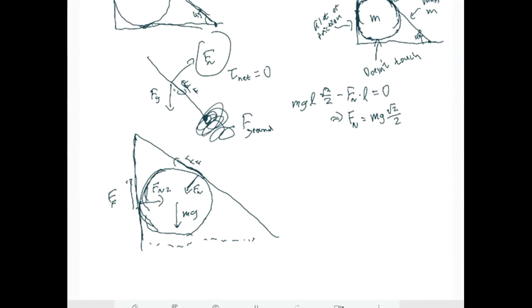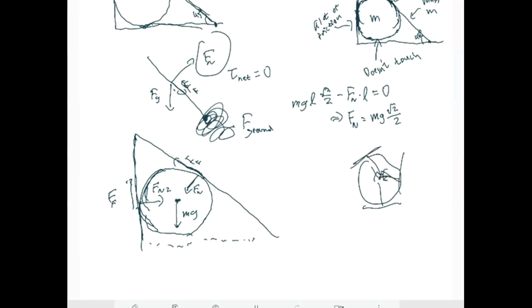Hmm. Okay, this is a bit of a tricky one. I would say definitely the center of the cylinder is the best pivot to do your torque equations around. It's kind of intuitive because if you think about it, both of the normal forces, if you have a cylinder, any type of normal force has to be pointed towards the center, right?